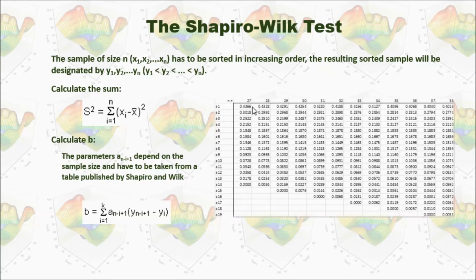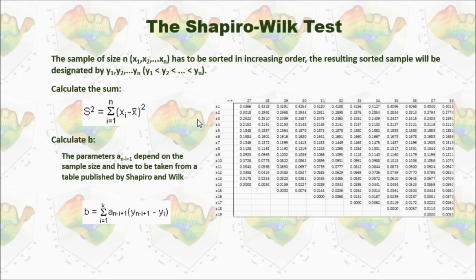You can see in this table we have the sample size here. For example, if you have a sample size of 32, you need to check this column. And A1 is this number, and in the middle A16 is the next number.